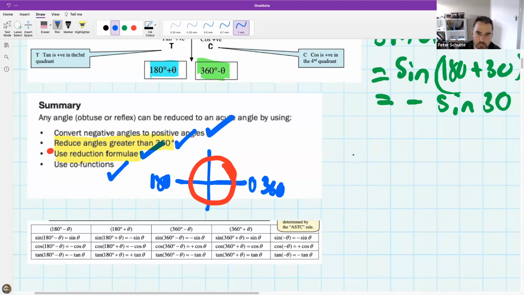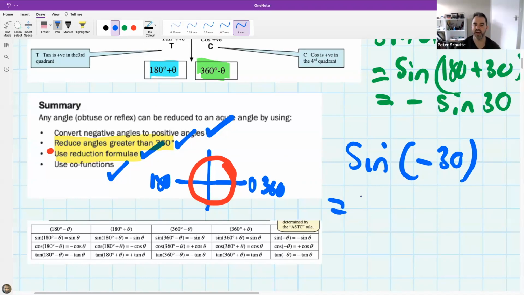Say, for example, I give you the sine of minus 30. What is that going to reduce to? What quadrant is it in? What's the nearest horizontal to minus 30?